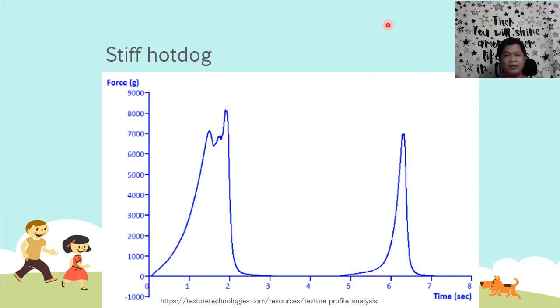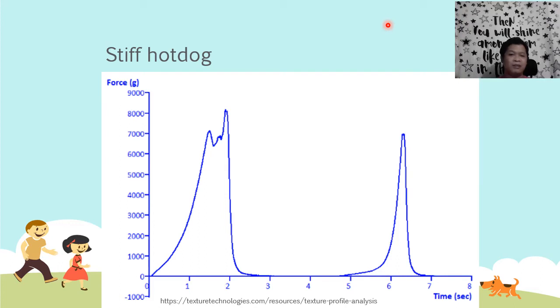Okay? And we know that to be true kasi kahit kinagat mo yung hotdog through, it still maintains its shape more or less after the first bite. So take note that many products do not exhibit the classic TPA curve, and you should not be surprised about your plots not following the ideal na itsura.